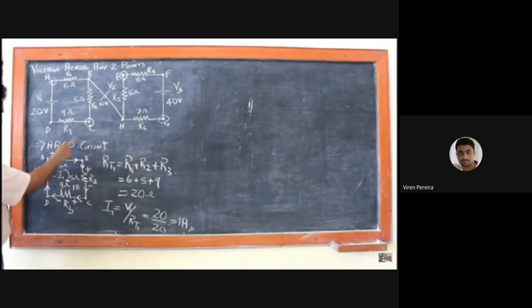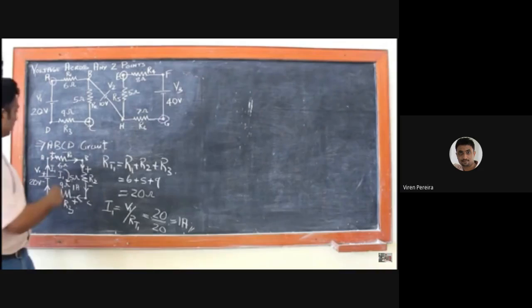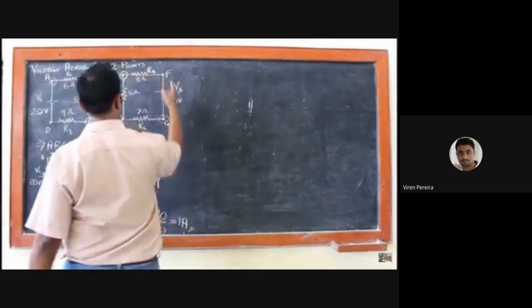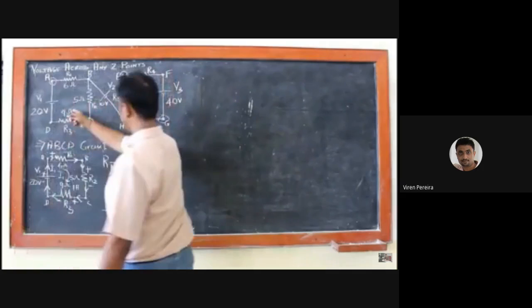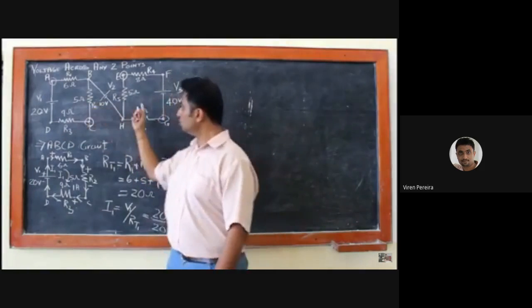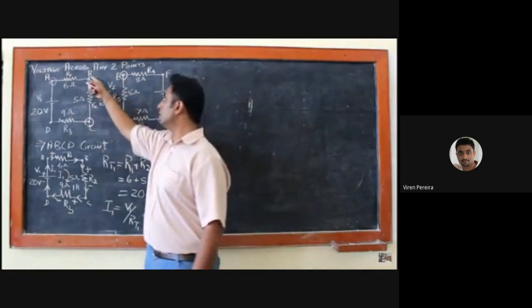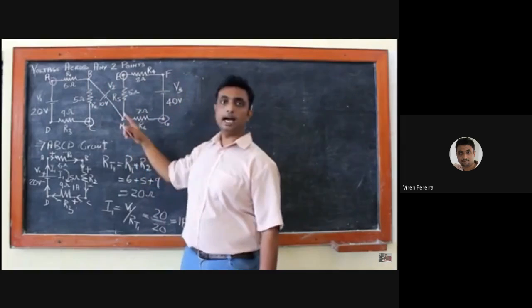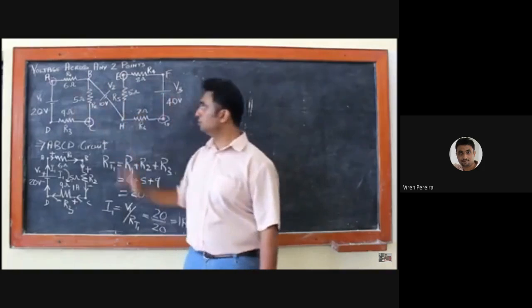Now, how we found out the ABCD circuit, we will even find out the EF. I have taken these two circuits independently because V2 acts as an isolator between these two circuits.